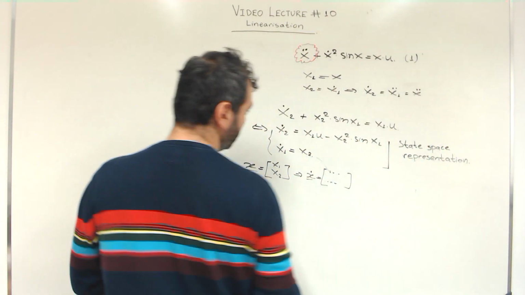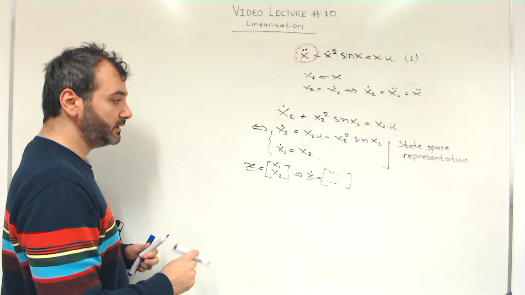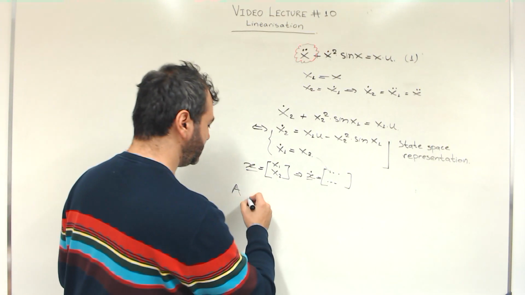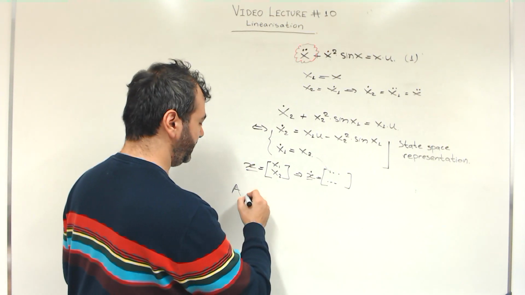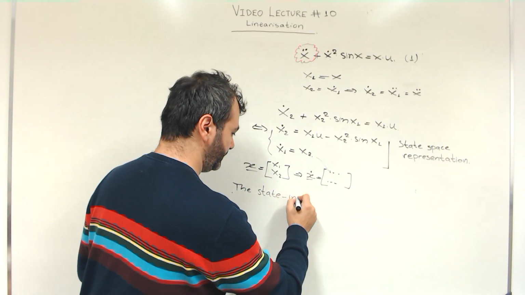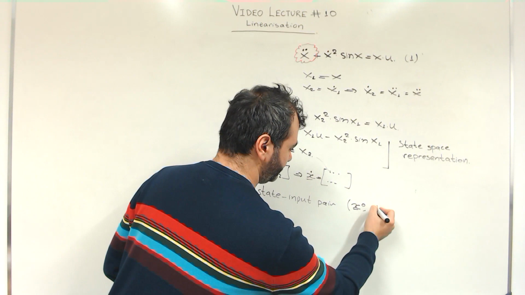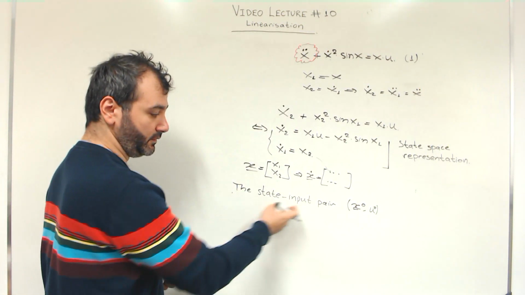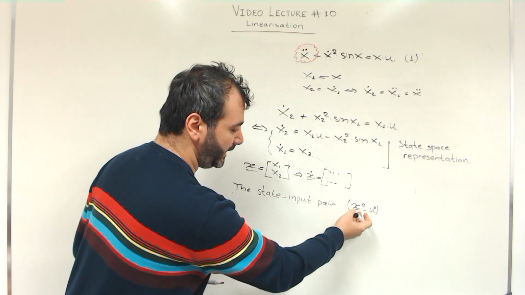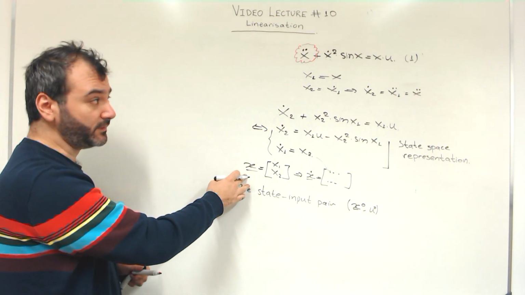And we can now talk about equilibrium points. So not a pair this time. We can either say the state input pair x0 u0, but x is x underlined. This is the state of the system.